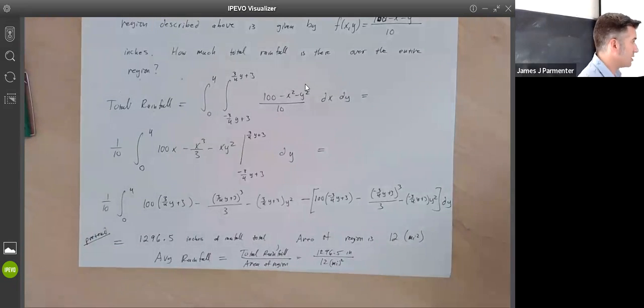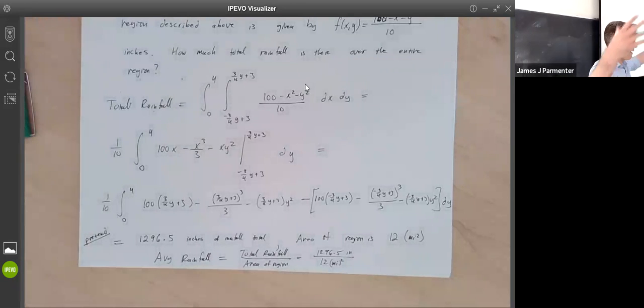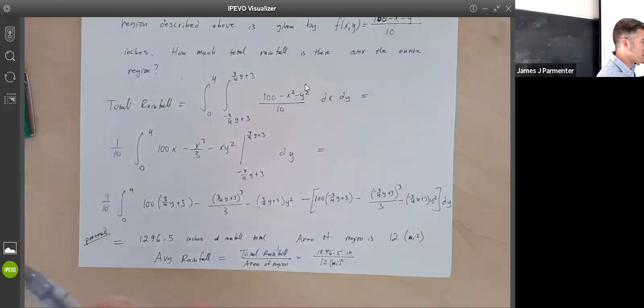And your units would be inches per square mile. So the whole point is that if you're trying to find the average value of something, whether it's the average height or the average density or the average whatever, you're just taking the integral over the region and then dividing by the area of the region.